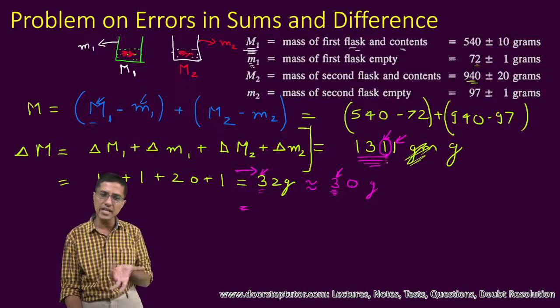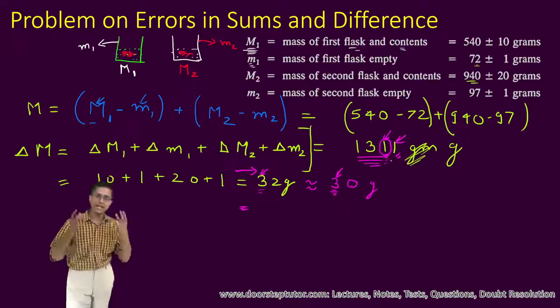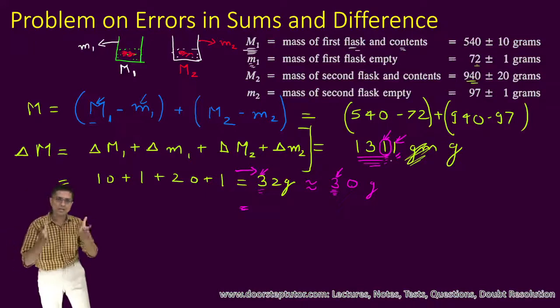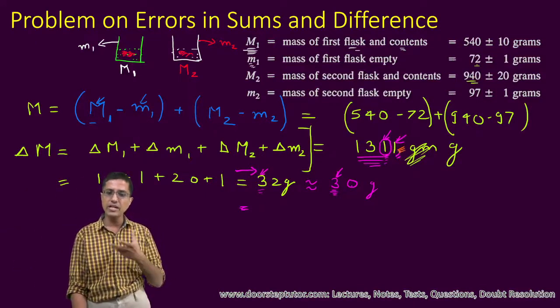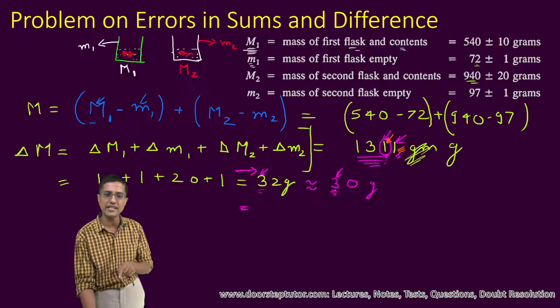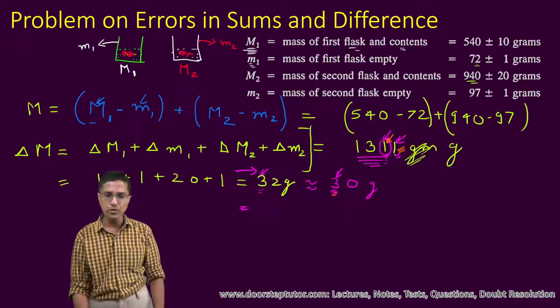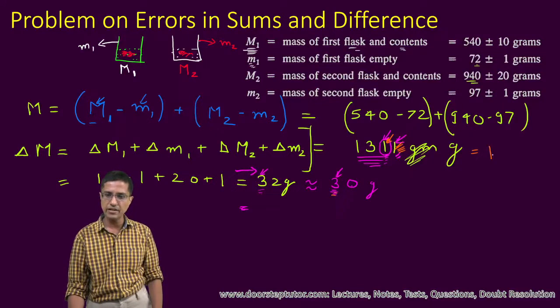So in the units location, if I write 1, 2, 3, 10, 15, it does not matter what I write, because I do not know the value of the units location at all, since even this tens digit has error in it. So what I will do is round this completely to the tens digit. If I round it off correctly, this comes out to be 1310 gram.